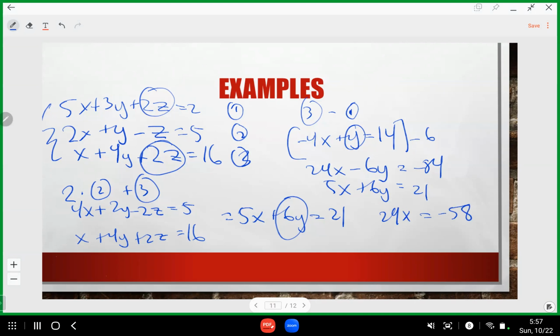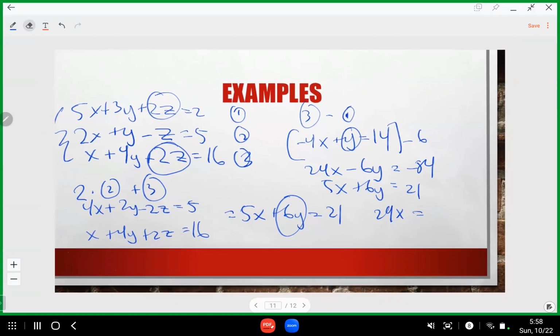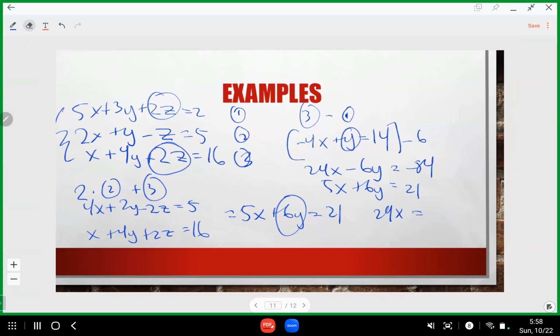No, I don't think that's correct. What happened here? All right. Apparently if you do this, it's going to be negative 63, which is not what it is. So what happened here? 29x is equal to, yeah, I don't think I did it correctly.